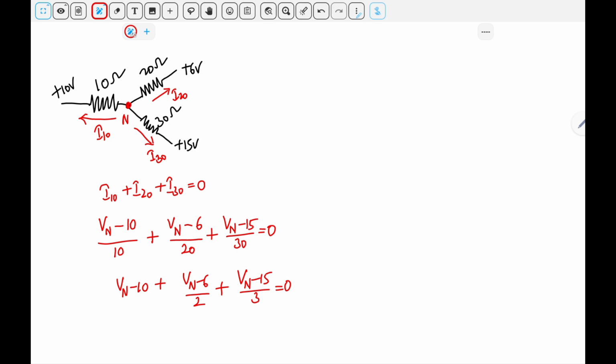Now when you take the LCM, in this particular case it is 6. When you take the LCM, you will get this as 6 Vn minus 60. These are the first two terms.